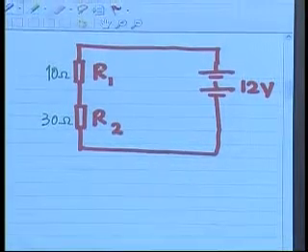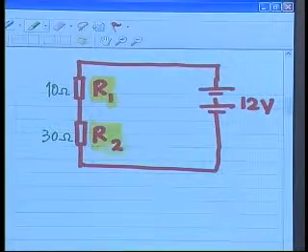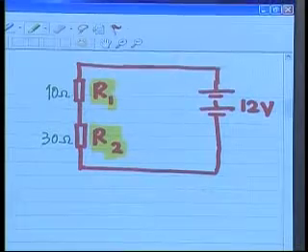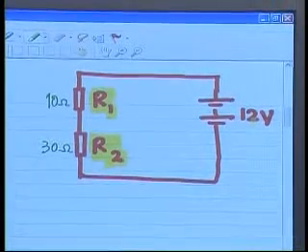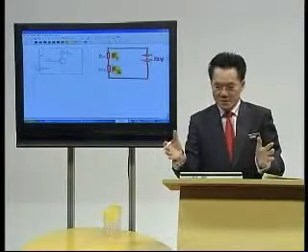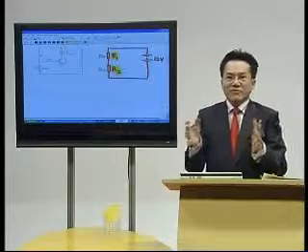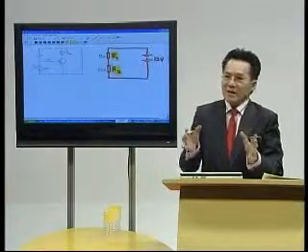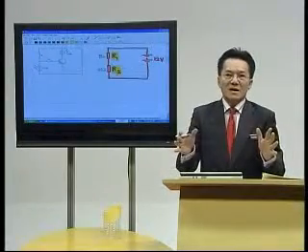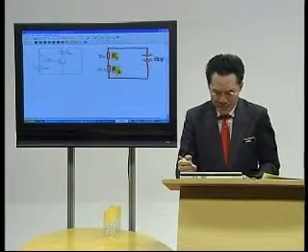Resistor R1 and resistor R2, they are dividing the potential difference of 12 volts. In other words, they are sharing the 12 volts. So I have got a very easy method for students to understand this sharing concept. Over here, we just ignore the negligible internal resistance of the battery.